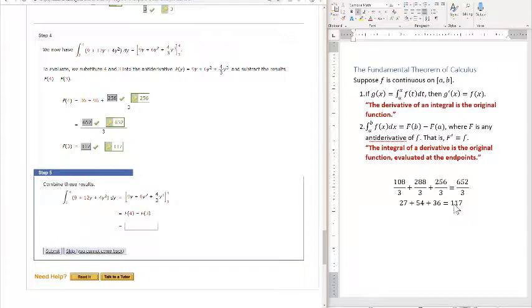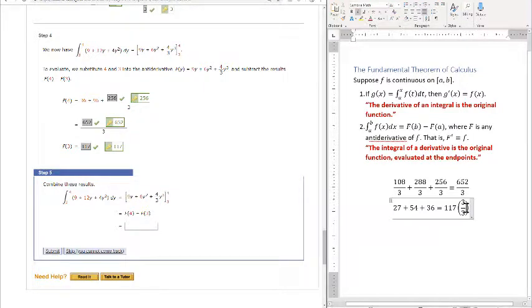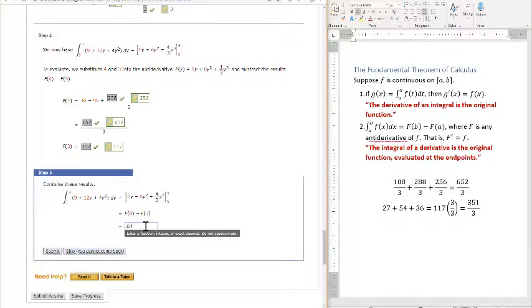Let's see, if we want to have this over 3, that's going to be 117 times 3, which is 351 divided by 3, and then we subtract, so that's 301 over 3, which I don't think is divisible, or is not a perfect number.